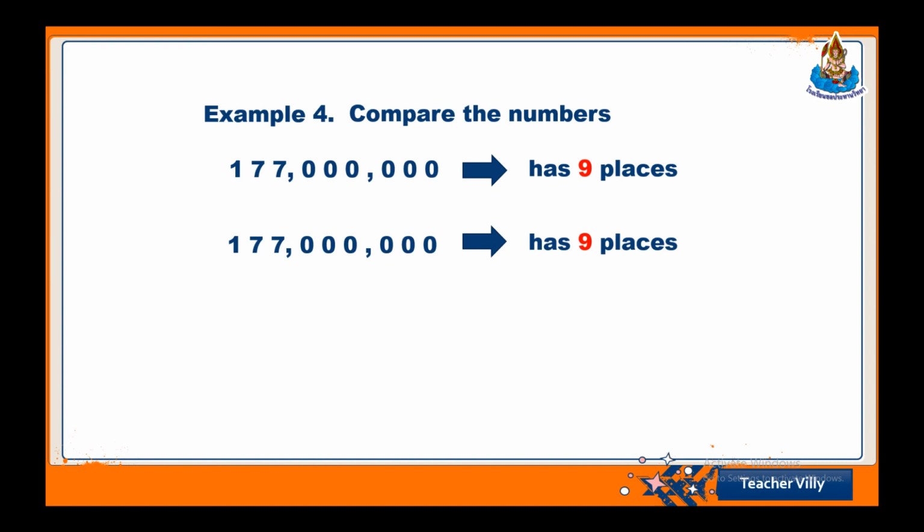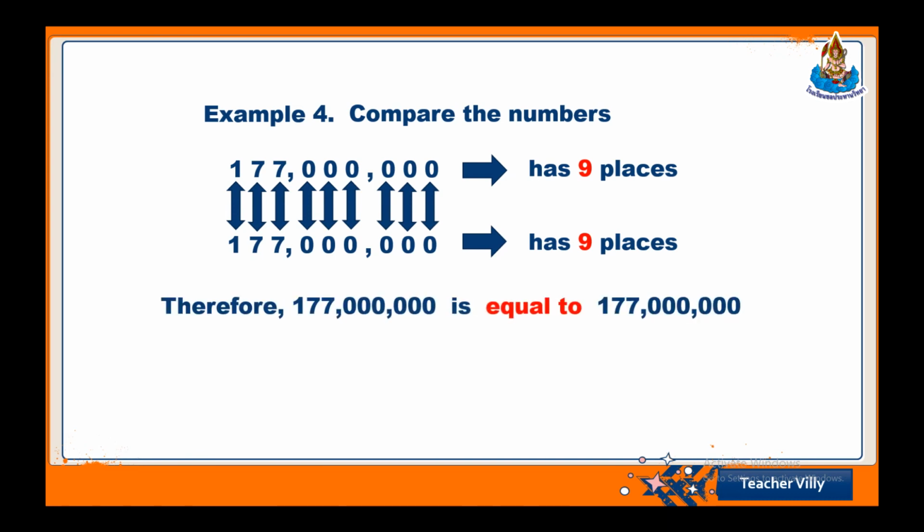Now let's compare the value of the digits in these numbers. We have 1 and 1, the same. 7 and 7, they are the same. 7 and 7, they are the same. Move to the right. 0, 0, 0, the same. 0, 0, and 0. It means they are the same. They are what we call equal.